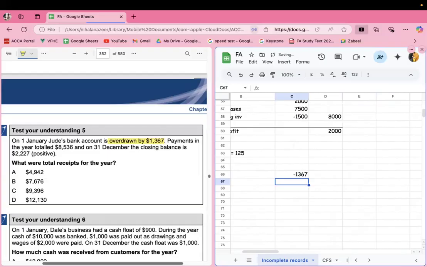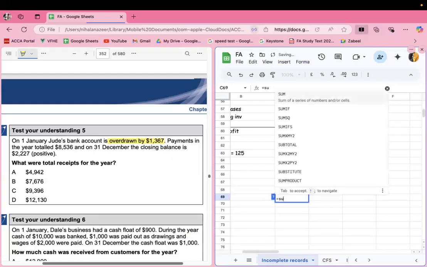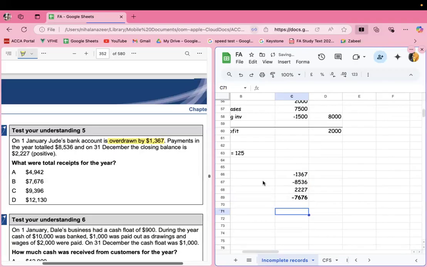And if you have paid, minus 8,536 again, right? But you have a closing positive balance of 2,227, right? So what is the balancing figure? The balancing figure is 7,676. Clear? So the total receipts amount to 7,676.